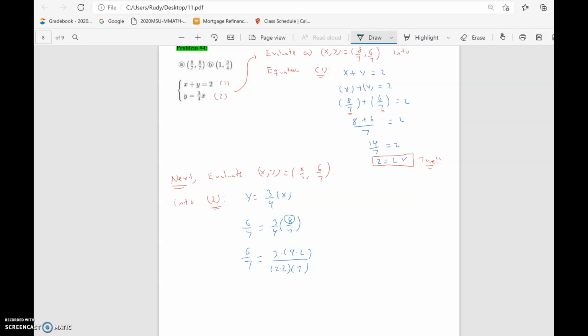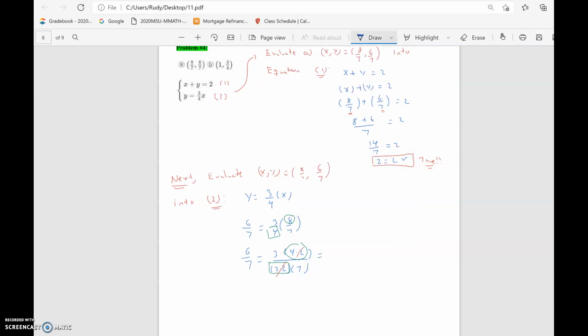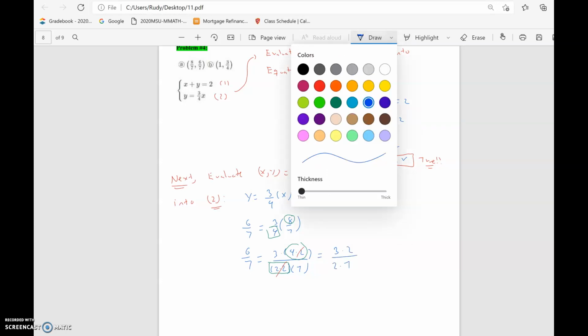This 8 happens to be 4 times 2, and this 4 is technically 2 times 2. You can cancel the 2's, and then you can further cancel. On the right hand side, we're left with 3 times 2 over 2 times 7, and you can cancel the other 2's.